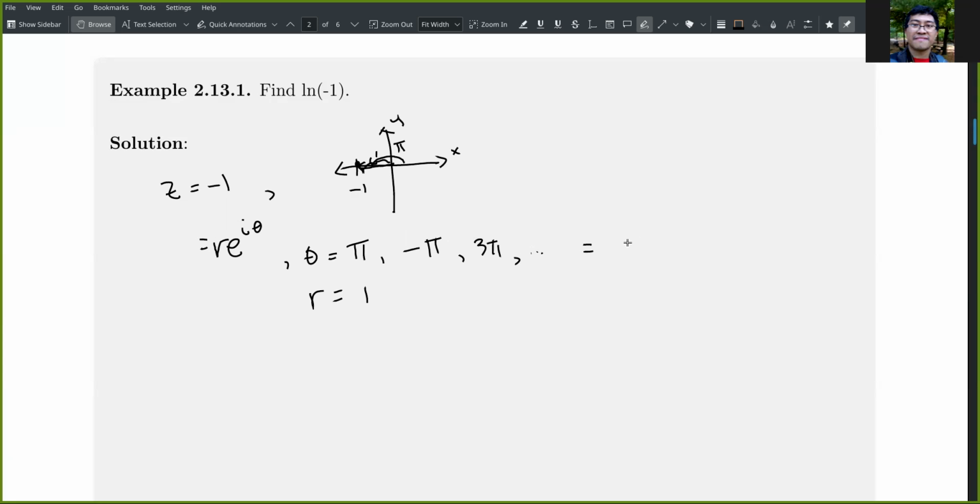Essentially, you can write theta as pi plus or minus 2n pi.